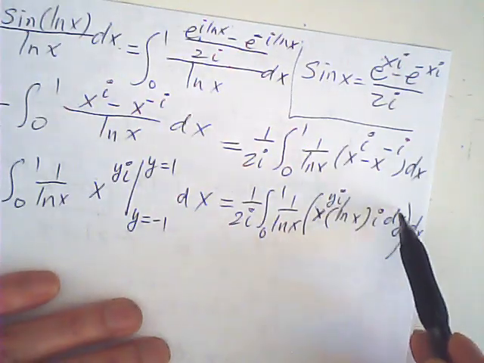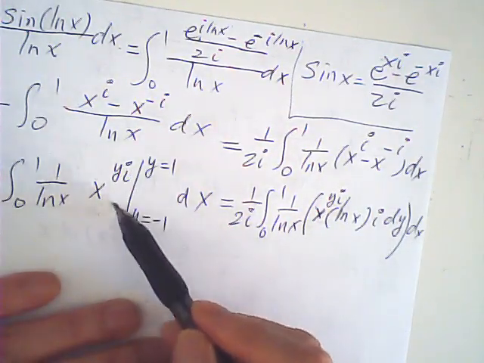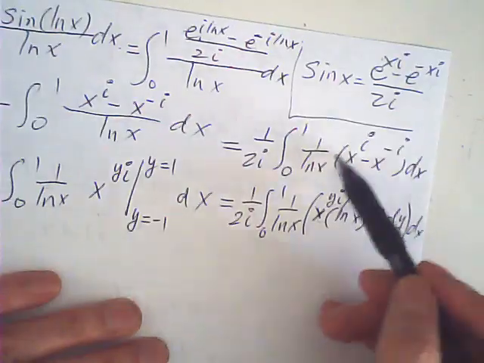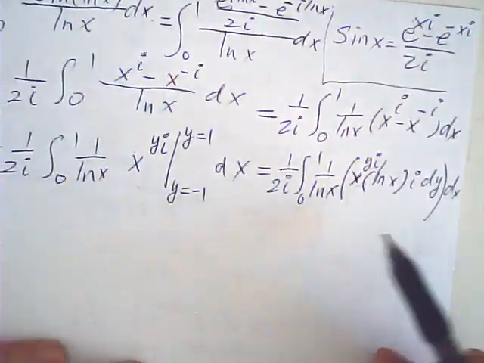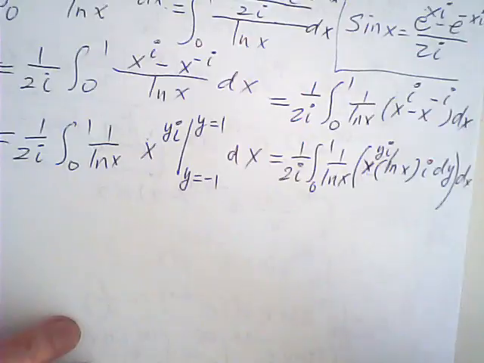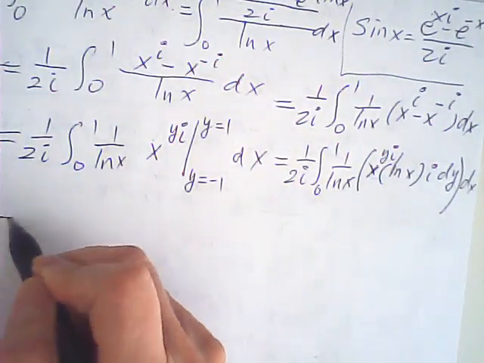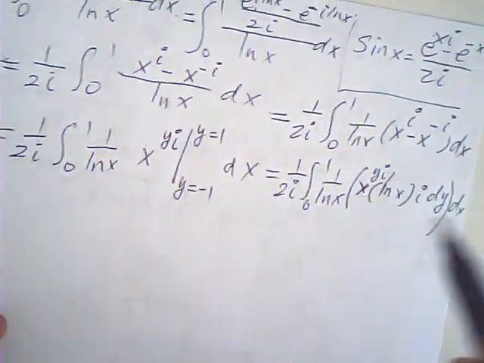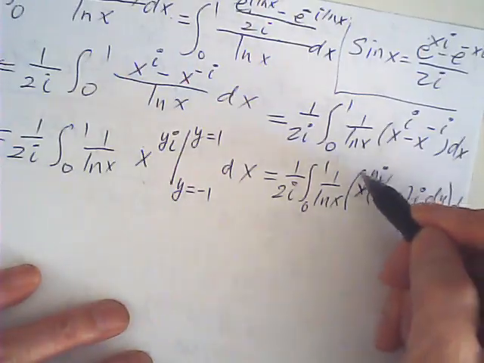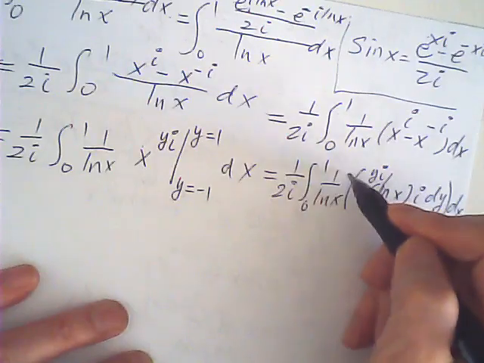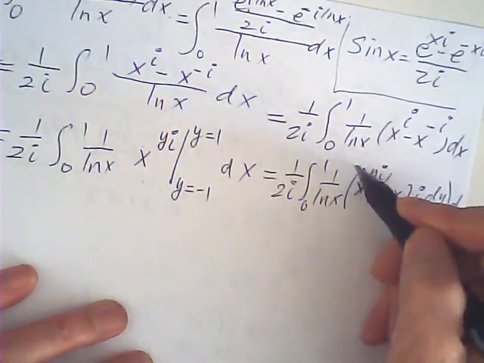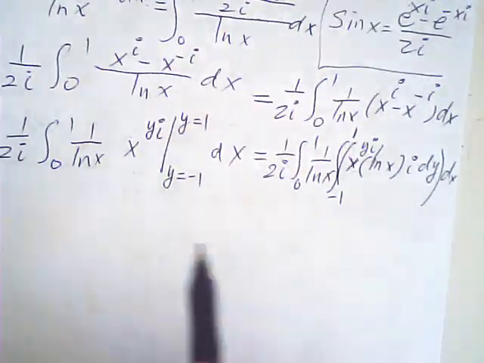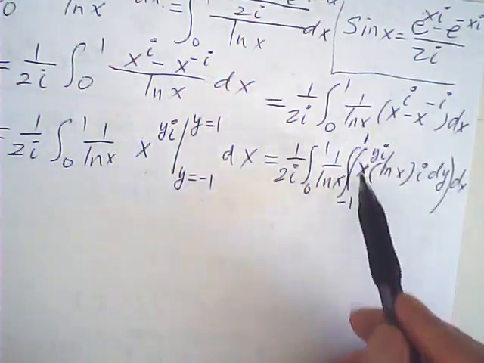This is actually the derivative of that one, the antiderivative of that, from negative i to i.